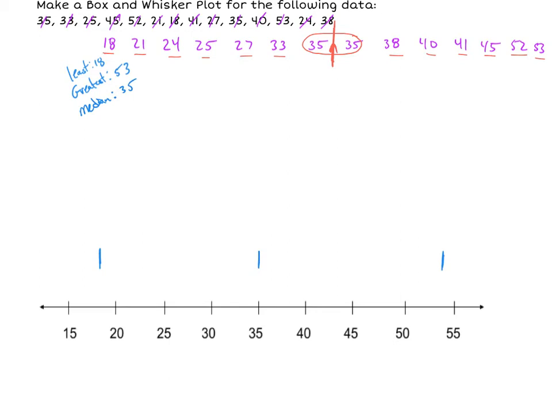So now I'm going to use 18, and I'm going to use this first 35 there, okay? 21, 33, 24, 27. So my first quartile is 25.